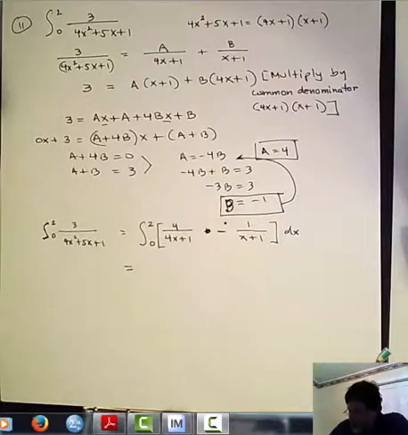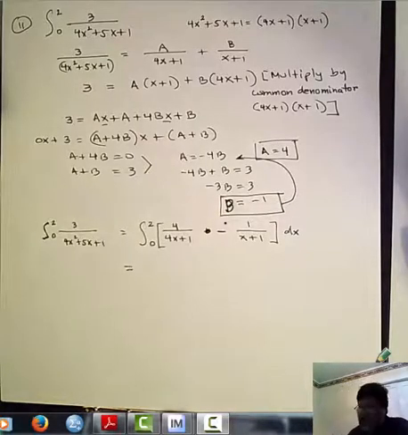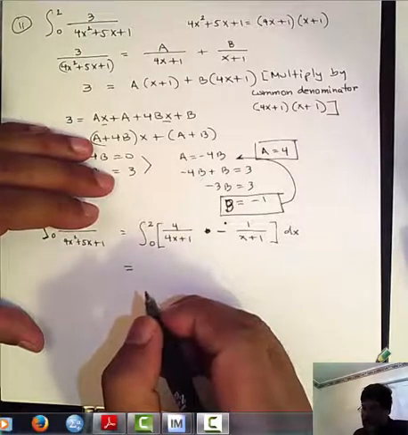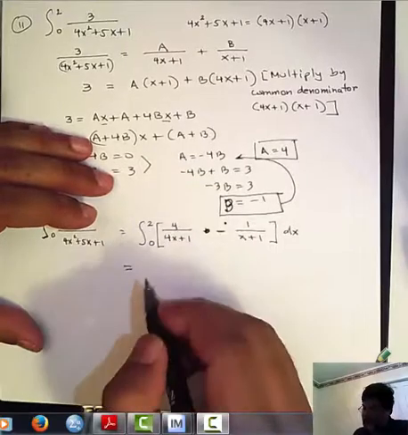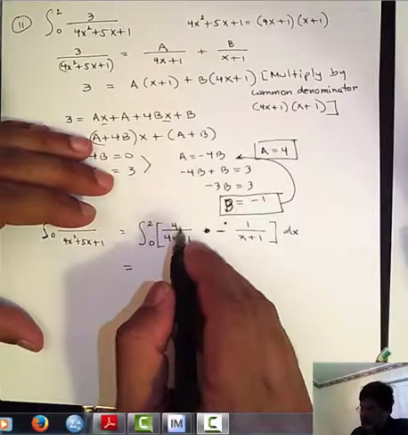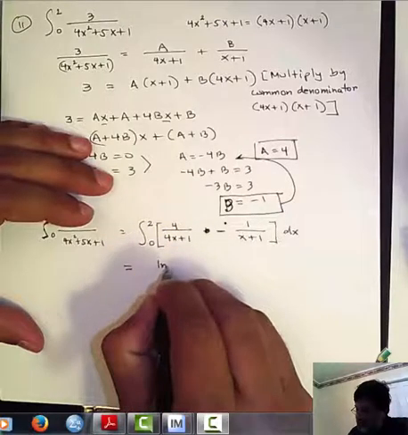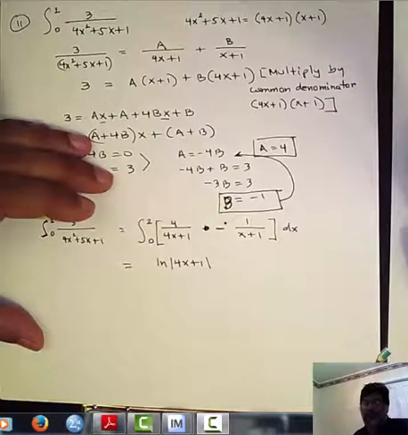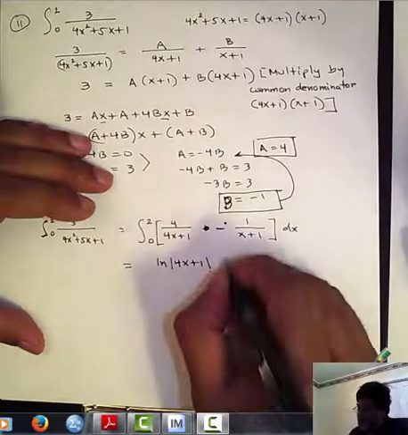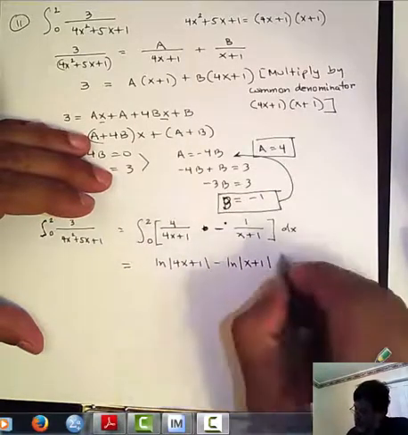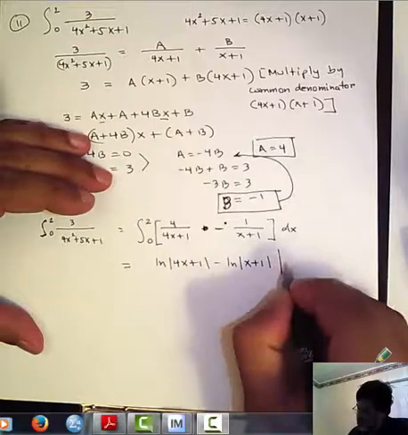Okay. What's the integration of 4 over 4x plus 1? Well, by u substitution, we let u be 4x plus 1. Du will be 4 dx, and 4 is sitting out there, dx. So it will be du over u, or ln of 4x plus 1. And this will be ln of x plus 1, all from 2 to 0.